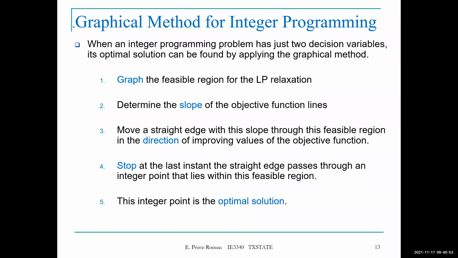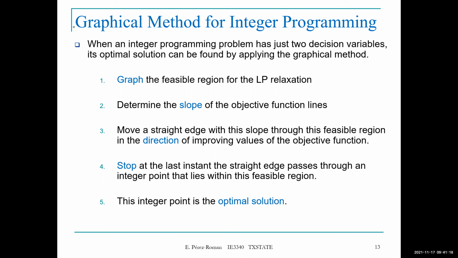So when an integer programming problem has 2 decision variables, its optimal solution can be found by applying the graphical method, which you already know. So we are also going to graph the feasible region for the LP relaxation, meaning that we're going to graph the feasible region for the linear programming model. We're going to determine the slope of the objective function line, which is what we're going to use as the isoprofit line.